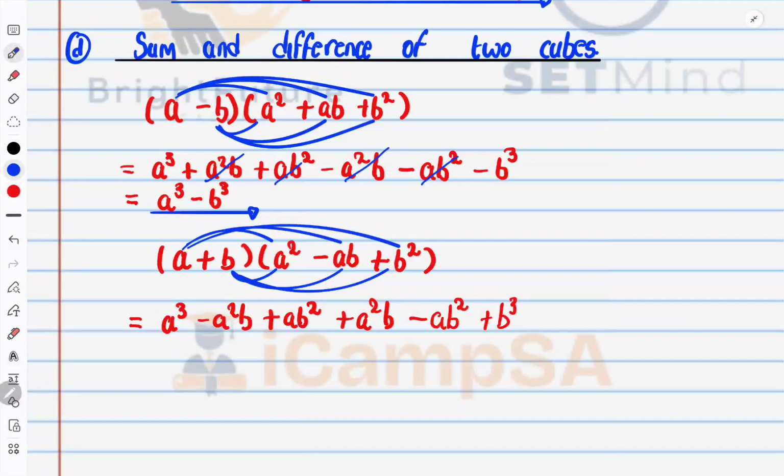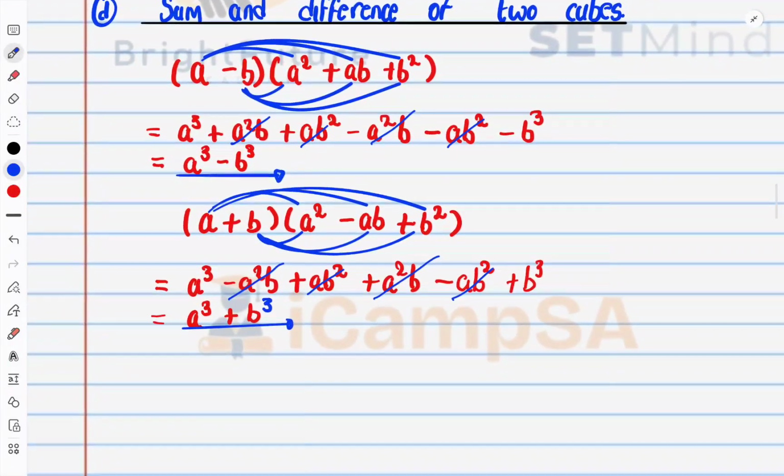Let's add and separate the like terms, and then we have a cubed, negative a squared b, and then these two will cancel each other, and then finally we have a squared plus b squared, the sum of a cubed and b cubed, the sum of two cubes, and yeah, that is that.